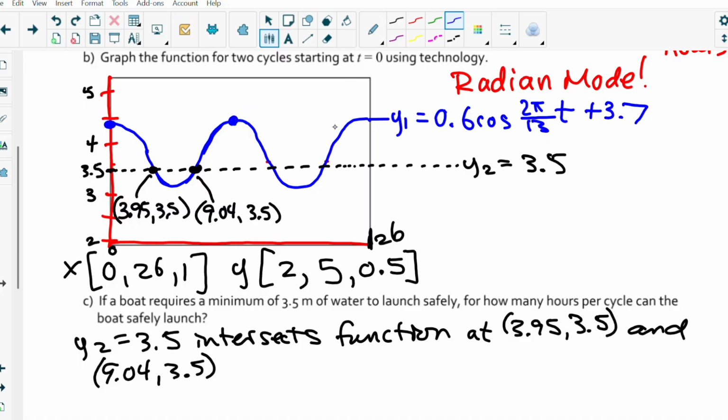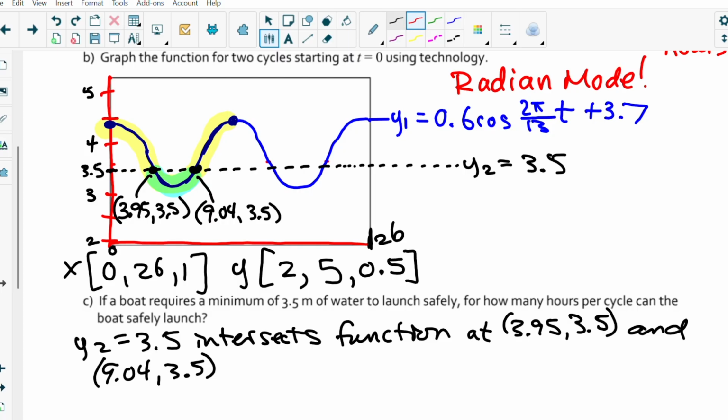So I'm going to look at this one cycle, folks, max to max. I can see that this part of the cycle is below the minimum required depth right here in green, right? That green is a no-go zone. It's too shallow for my boat to launch, right?